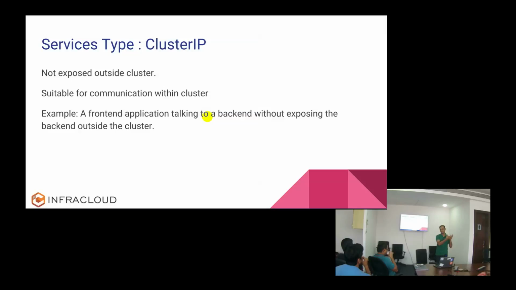Whichever pods are matching selectors described in the service, all those will be exposed via a single endpoint IP and a DNS name, and that DNS name can be used for talking to that service, and this is good for internal communication within the cluster. An example of that would be a front end application sending something to a backend. The backend is exposed as a service, and backend pods can keep on changing, but the front end will only know the service DNS.